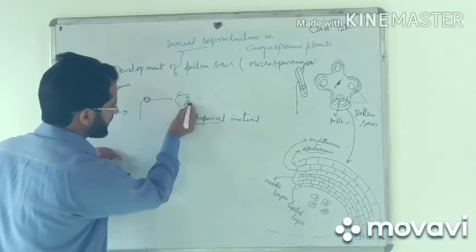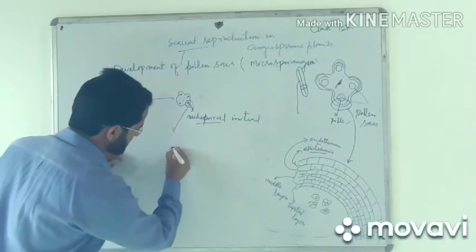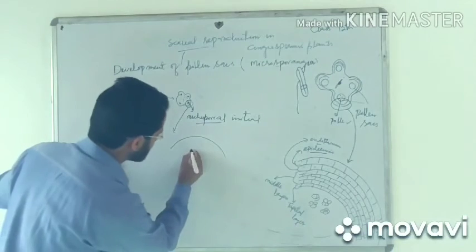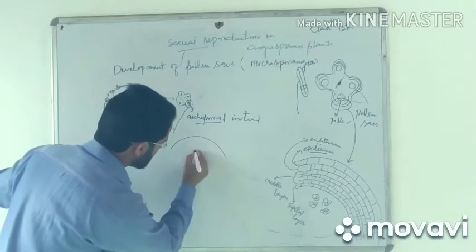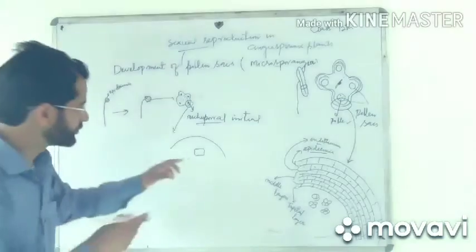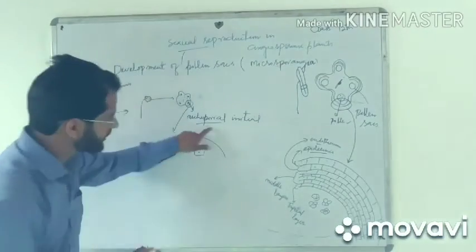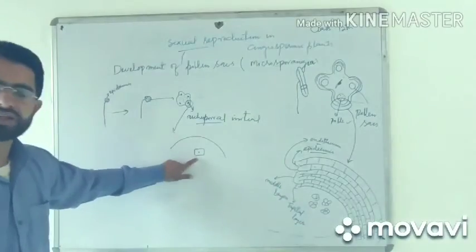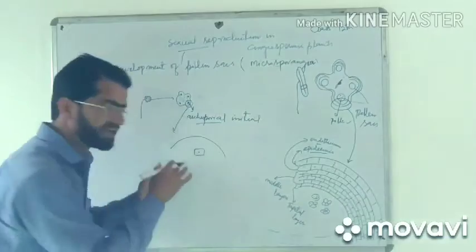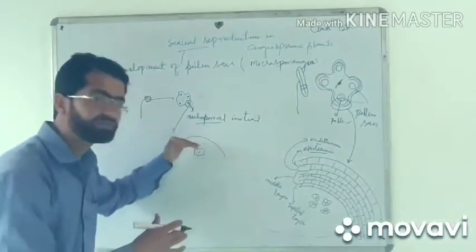Now, if we look at this part, this is like this. This is the outer layer, which is known as epidermal layer. Within the epidermal layer, there is a mass of cells, but one cell gets dense cytoplasm and an evident nucleus, that is known as the archesporial cell. This archesporial cell first divides periclinally. That means it divides parallel to the epidermal wall.